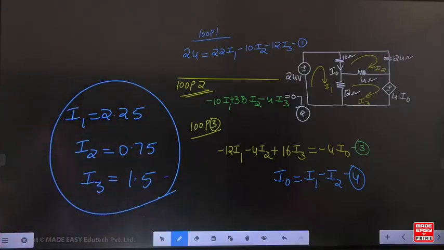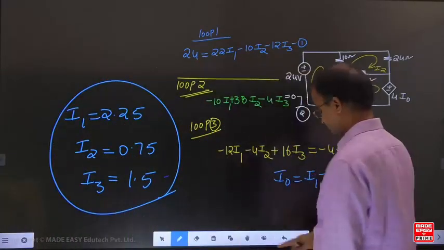Check the answers once. Okay, very good. Many students got the same answers.